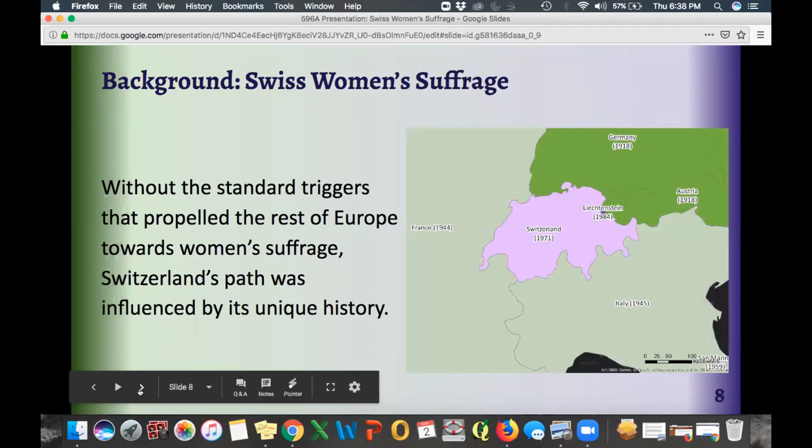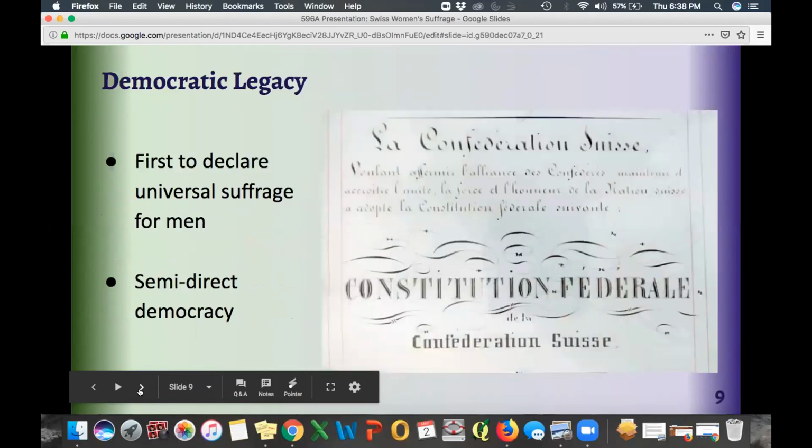So without these standard triggers of war and conflict that spurred Switzerland's European neighbors towards women's suffrage, what eventually led Switzerland down the path is a combination of its distinct history and culture. The first aspect to understand is the founding of Switzerland.